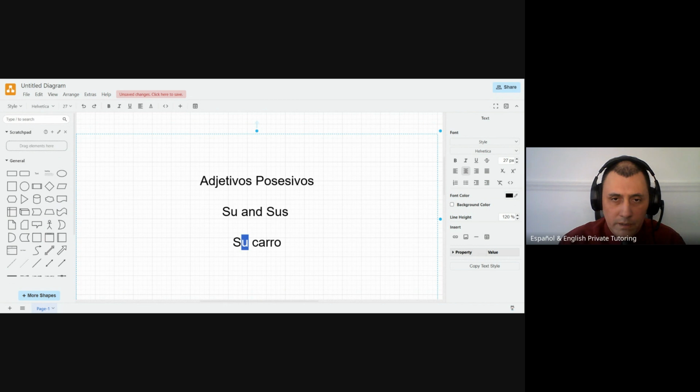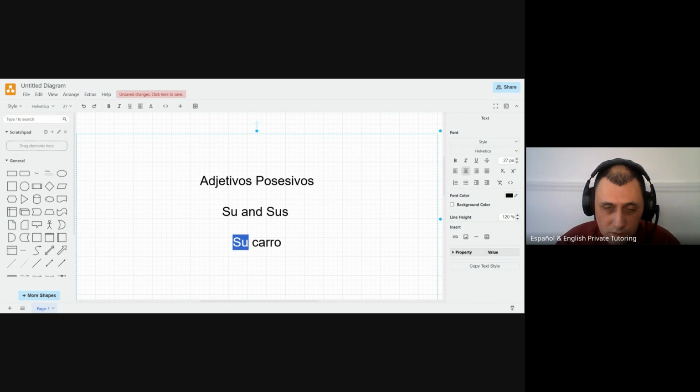Su here can refer to multiple things. This can translate as your car, you all's car. It can translate as his car, her car, their car masculine, their car feminine. So su, in this case, has 6 different grammatical persons. Okay? 6 different grammatical persons.